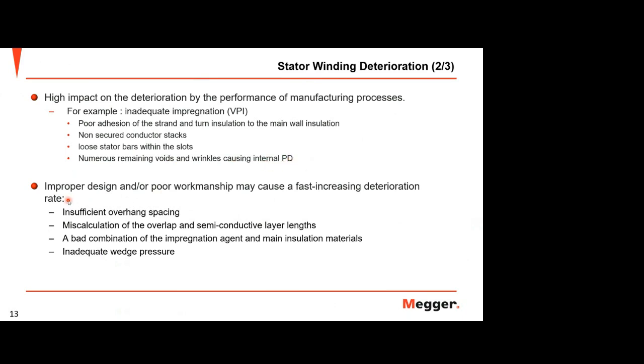Another example is improper design and or poor workmanship. It may also cause a fast-increasing deterioration rate, like insufficient overhang spacing, maybe miscalculation of the overlap and semi-conductive layer length, a bad combination of the impregnation agent and main insulation material, and also maybe inadequate wedge pressure.